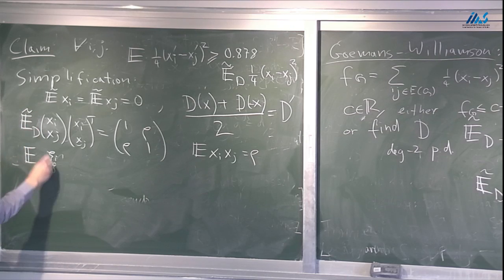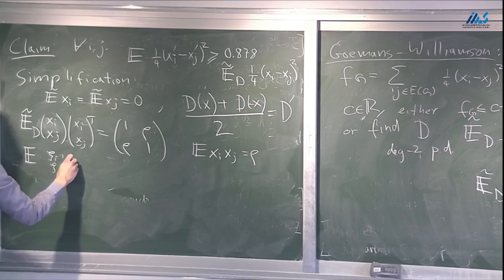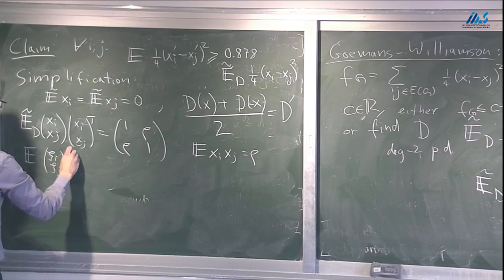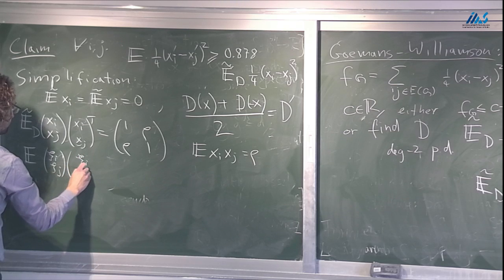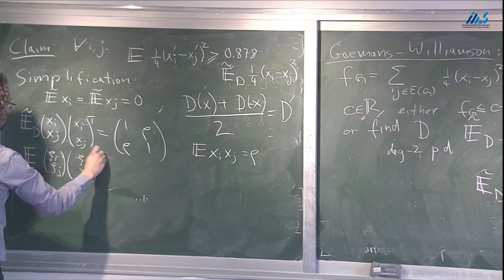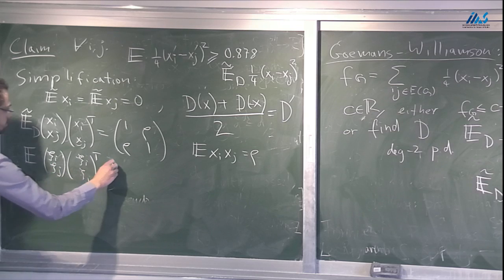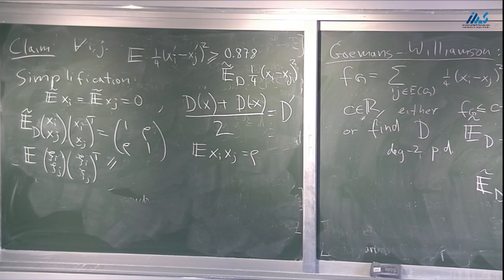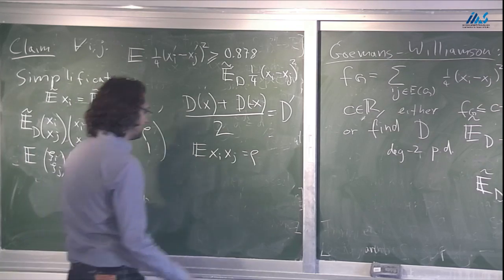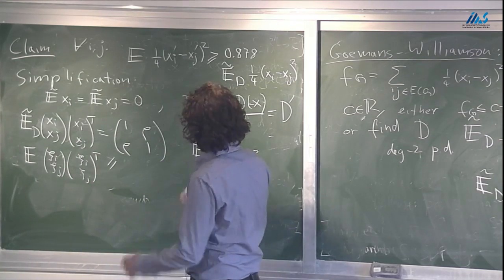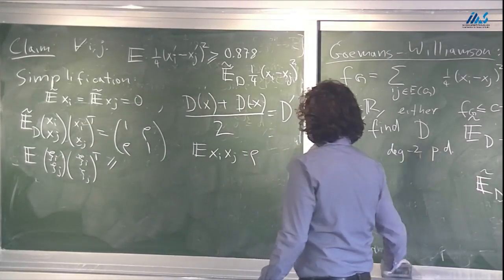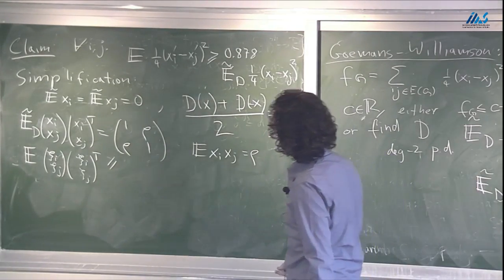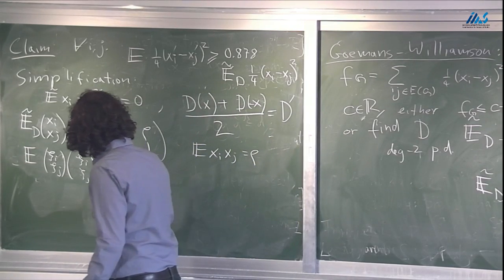We set things up so that this is the same as the covariance of the Gaussian variables, and this is now an actual distribution. Okay. And so now these are standard calculations with Gaussians.